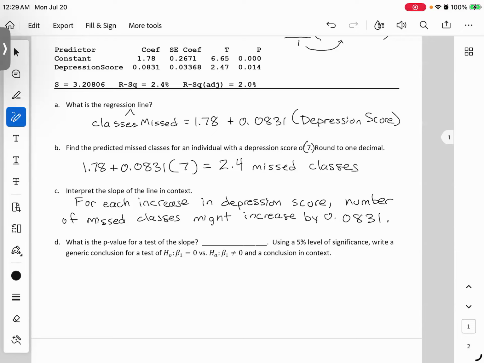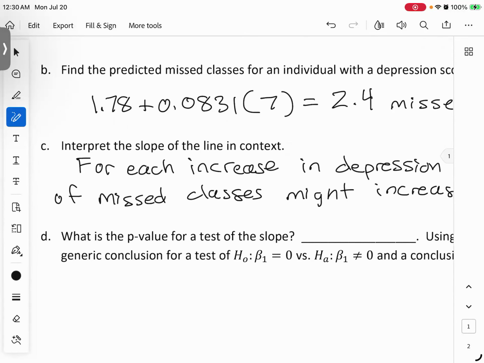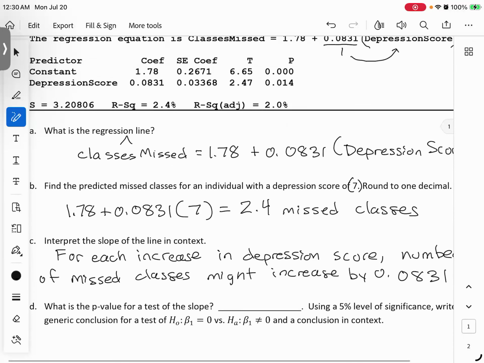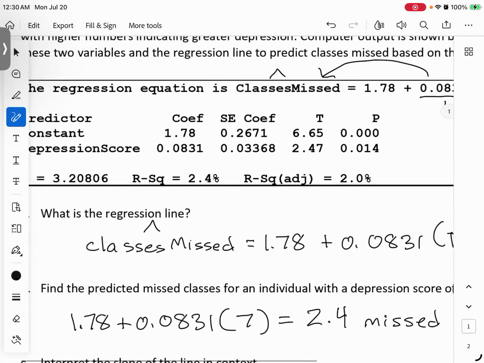Now, in 2.6, we didn't do any testing to see whether those slopes were flukes or not. And now that we have done hypothesis tests, we're going to use a p-value to see whether the positive association is statistically significant. So the last part says, what's the p-value for the test of the slope? The slope is saying that there's a positive relationship.